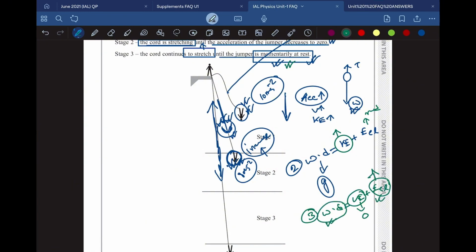So if the elastic strain energy becomes equal to the work done, the gravitational force will use all of its energy to do work on the cord to stretch it down. At that time, the kinetic energy that the man was getting will decrease and become 0, because the elastic strain energy to stretch the cord will increase so much.